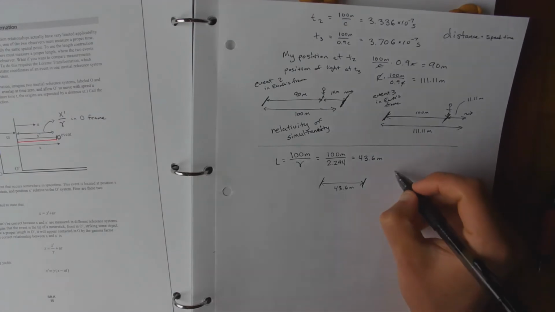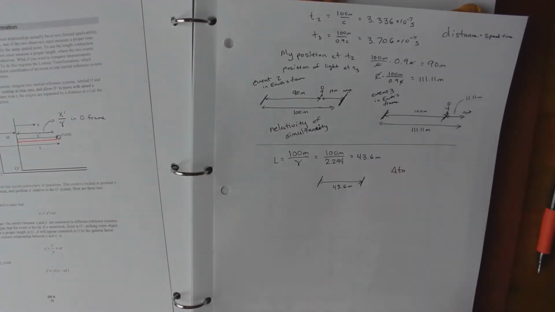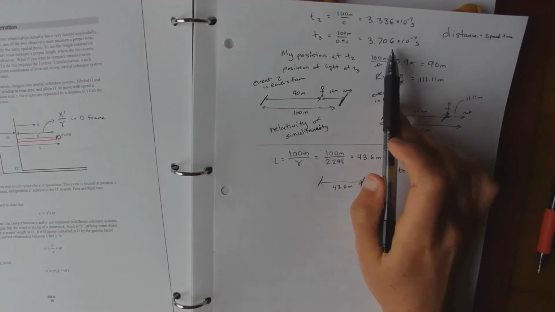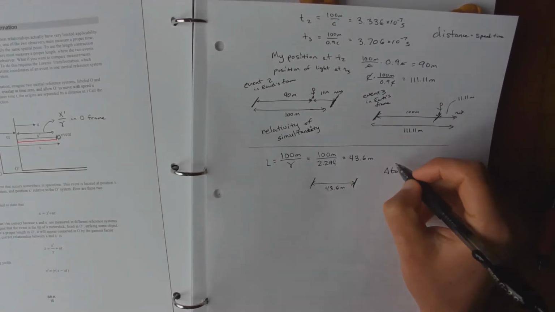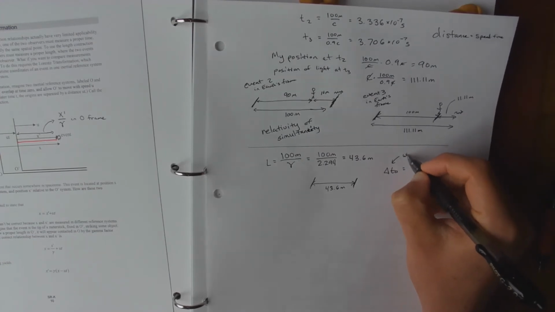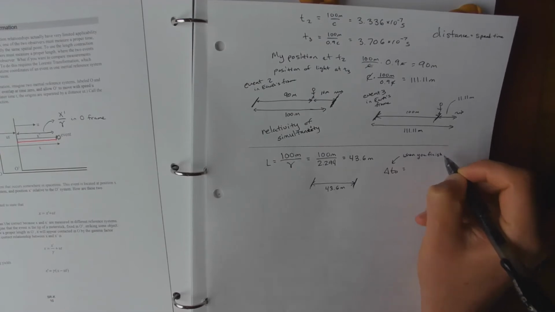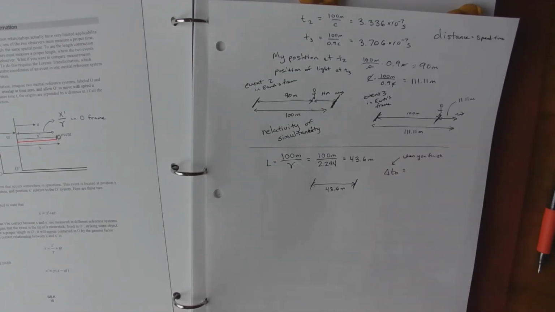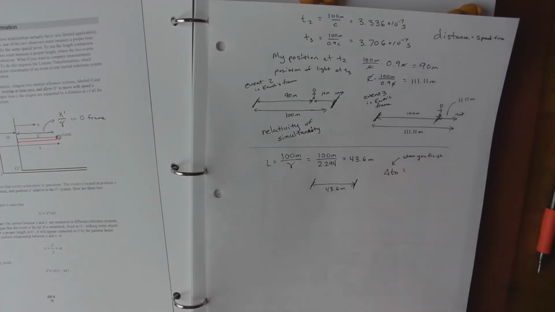So now we're going to say delta T naught is the proper time, and that you started the race at 0 seconds, you finished the race at 3.706 times 10 to the negative 7 seconds. So the proper time from this is when you finish minus when you start. Wait a minute.